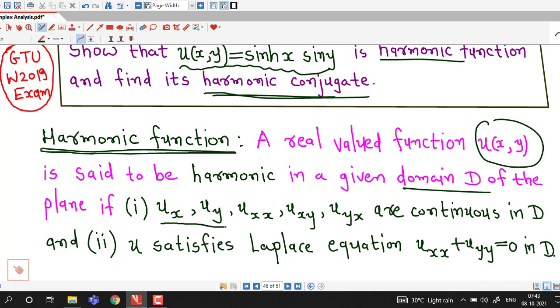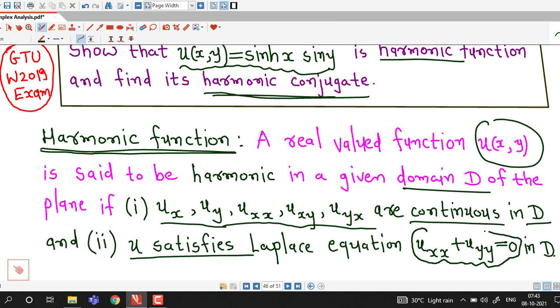First condition is partial derivatives of this function u of first and second order are continuous in capital D, and second condition is u satisfies Laplace equation del square u by del x square plus del square u by del y square equal to 0 at every point in domain D. So if these two conditions are satisfied, we can say that given real valued function is harmonic.